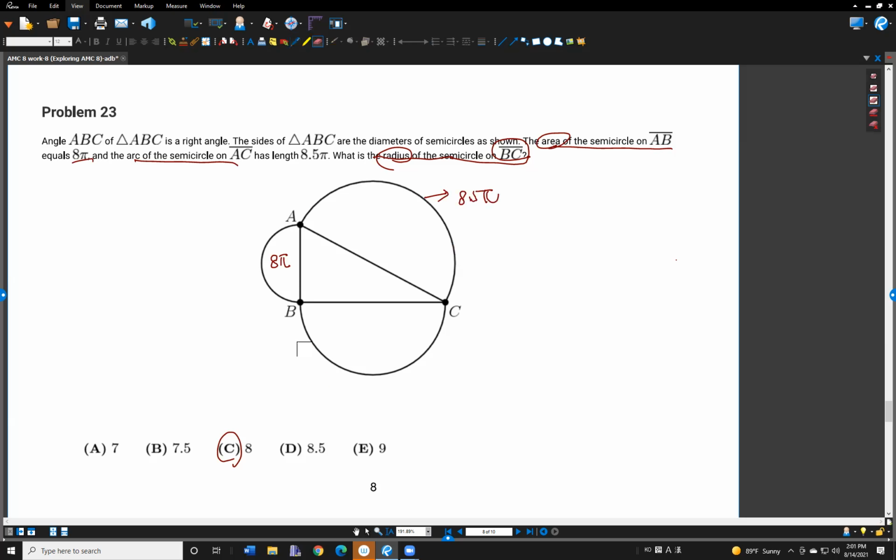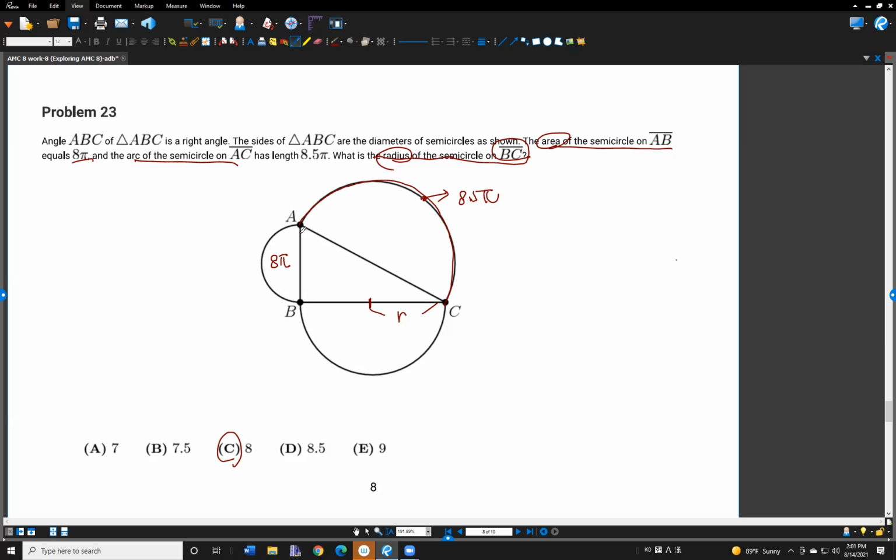Different ways: one is given the area, the other is given the circumference, the length of this arc, and next we're going to find the radius of this one. Oh, they're all different, right? So in this case, it's better to use the length of each side. Anyway, I'm going to try this.